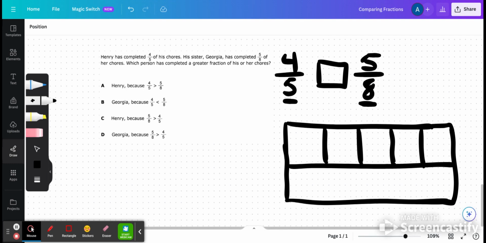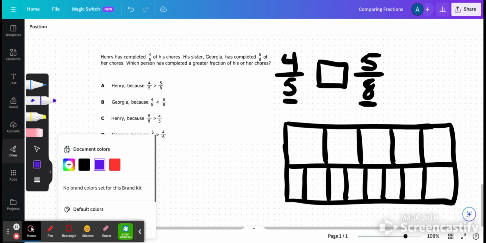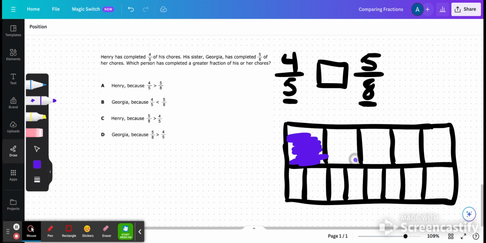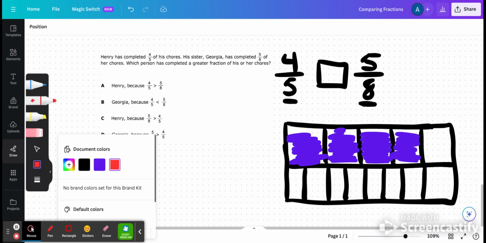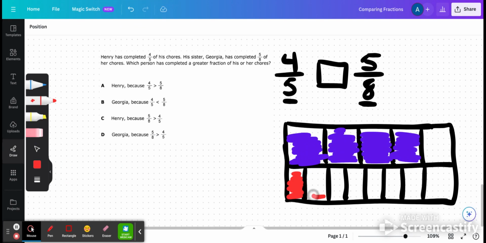We're going to find the middle, divide that in half, divide those in half to get fourths, and then divide those fourths in half to get eighths. Then all we have to do is shade in what our numerator tells us to shade in. So we've got 4/5 that we're going to shade in, and then in red, we're going to shade in 5/8.